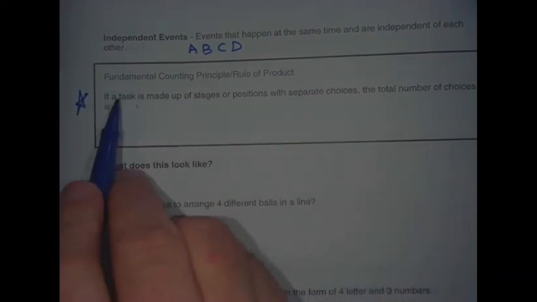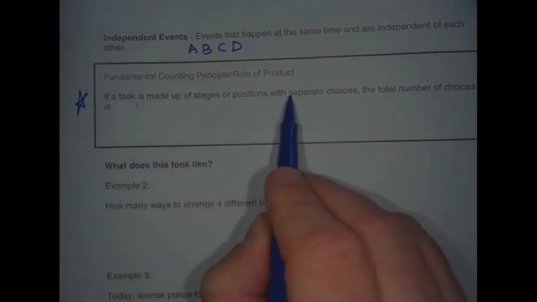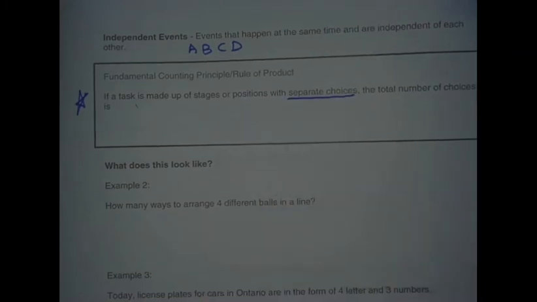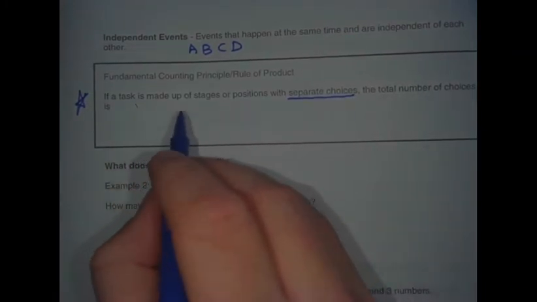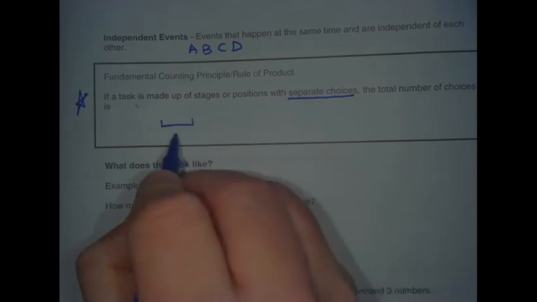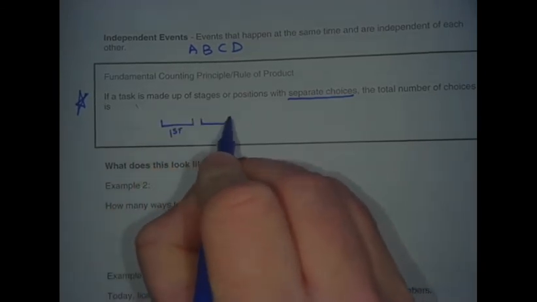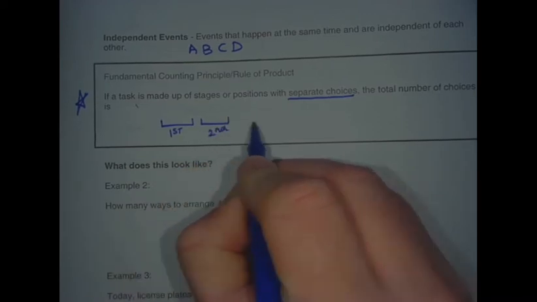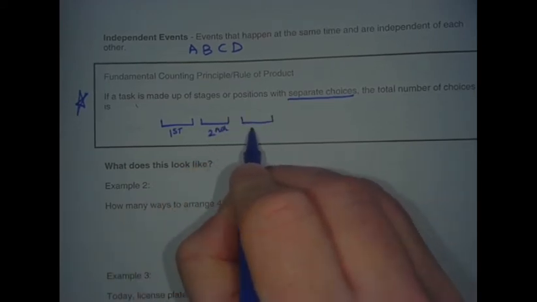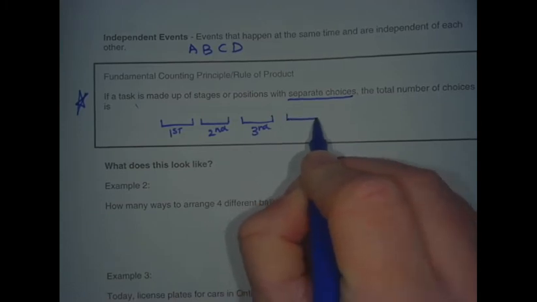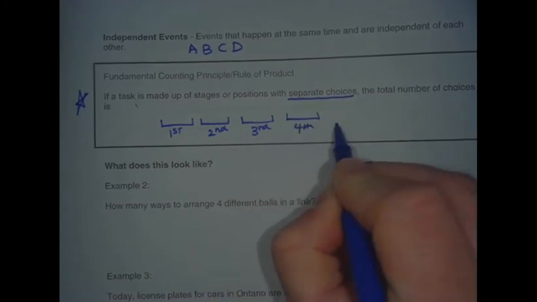So if a task is made up of stages or positions with separate choices, the total number of choices is the product of those choices. And it doesn't have to be reducing by 1. It depends on how many objects you have moving forward.